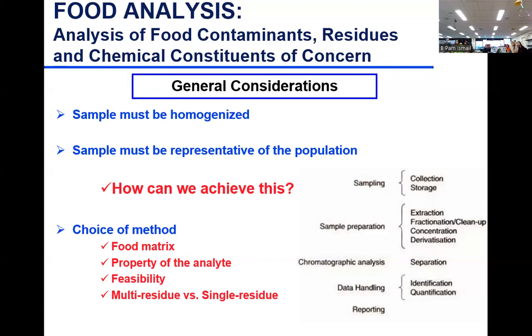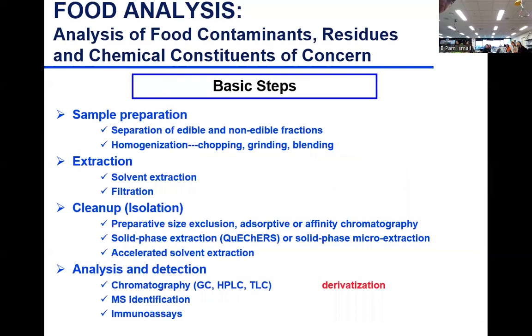So sampling, extraction, fractionation, and cleanup. So a lot of cleanup has to happen at concentration so you can enhance the sensitivity of the assay. If you're doing GC, sometimes you want to do derivatization. Then chromatography in many cases, you identify, you quantify, and then you report. So these are the general steps that you want to remember.